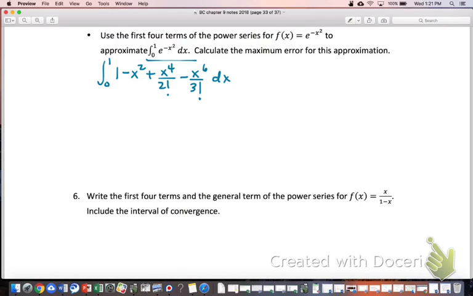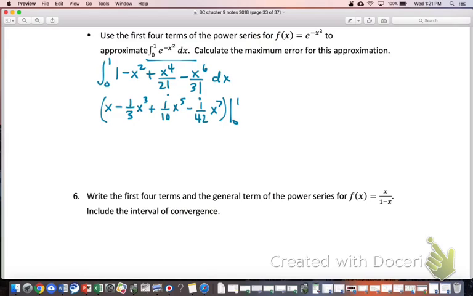This is one of the beautiful things about a power series. It's essentially just a polynomial. They're very easy to find the antiderivative of. So here we'd get x minus 1/3 x cubed plus 1/10 x to the 5th minus 1/42 x to the 7, evaluated from 0 to 1.